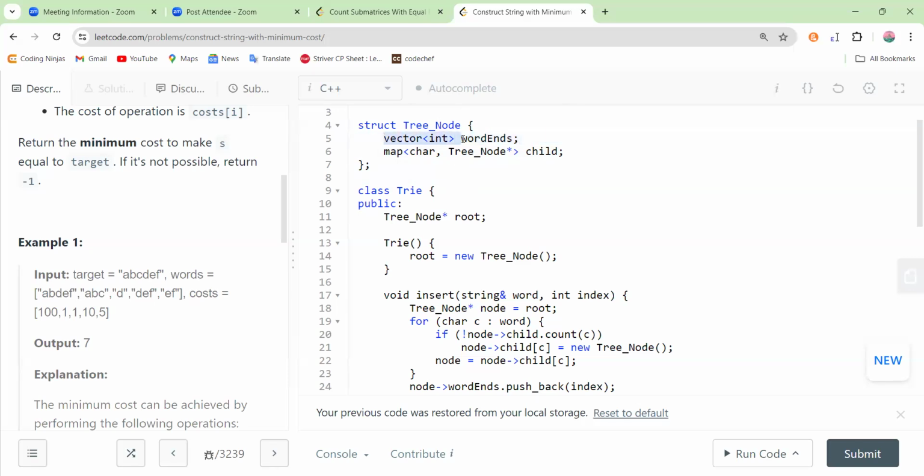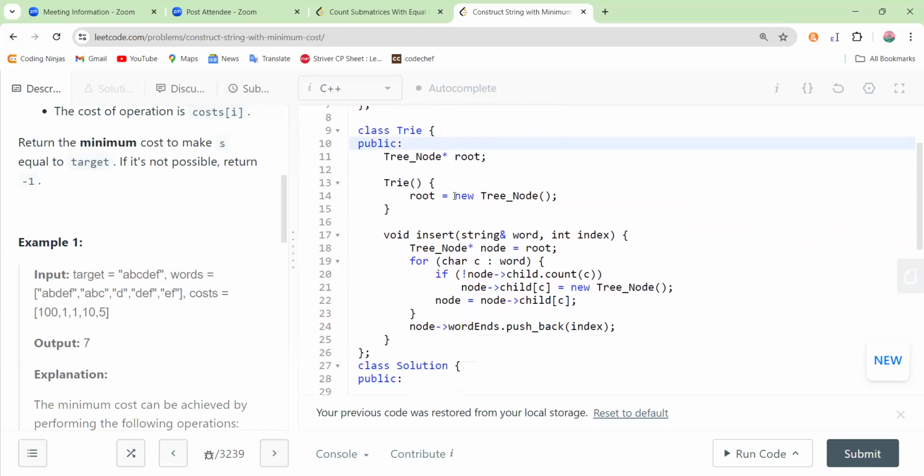For that, we constructed a vector, wordEnds. And for a particular node, we have 26 possible options, right? From A, B, C up to Z. So for the nodes already constructed, I simply made a map of character, comma, TreeNode star, because the structure will be the same for every node. So just maintaining the pointer for that in the variable child.